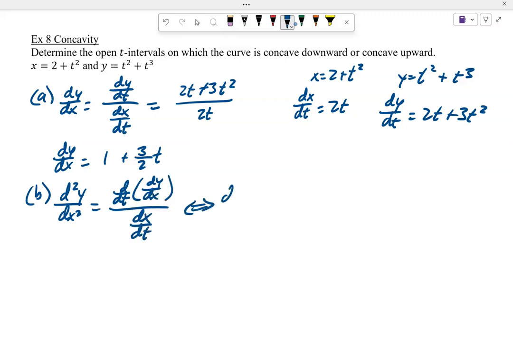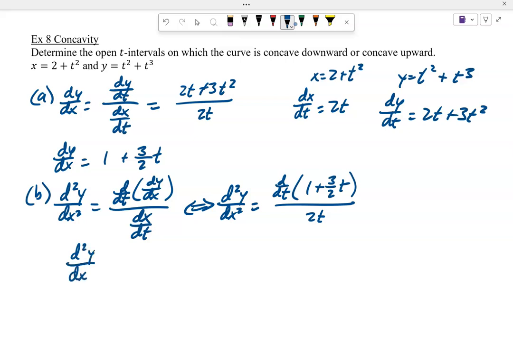So the second derivative here would be the derivative of 1 plus 3 halves t, over dx/dt, which is just 2t.